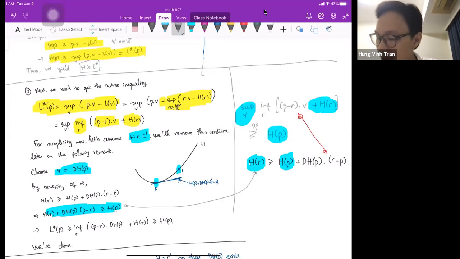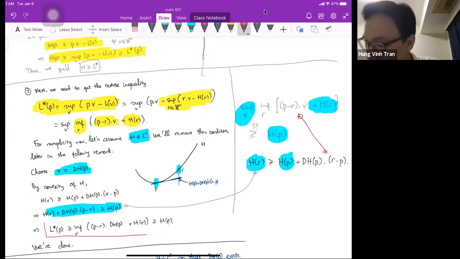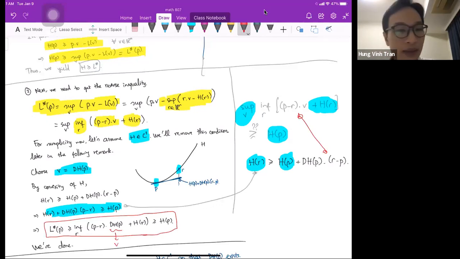With this specific choice of V as dH of P, then we have that, hold on, did I say something? No, yeah, that's correct. Because of this specific choice of V, I only choose one V, so L star P should be greater than the infimum with this choice of V. And the thing inside the bracket is always greater than H of P. Okay, so we are done.